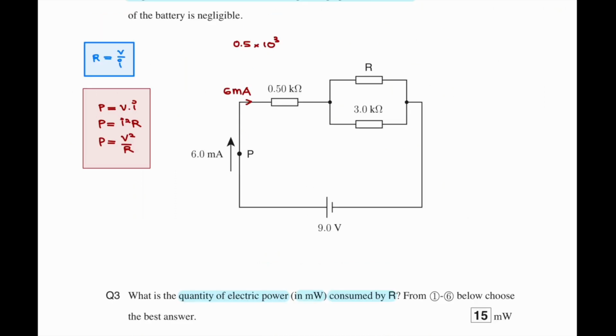This is the resistance R equals PD V over I. The current is 6 milliampere. Milli is 10 to the power of negative 3, yeah? If you cross multiply it, you can cancel out these two things. 0.5 times 6, you will get 3 volts.